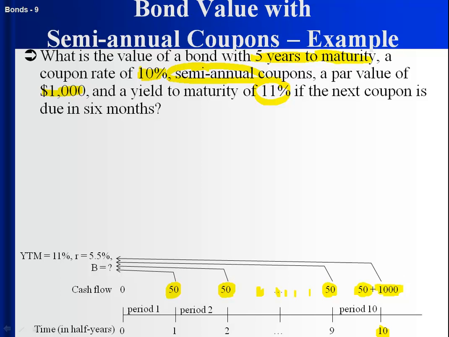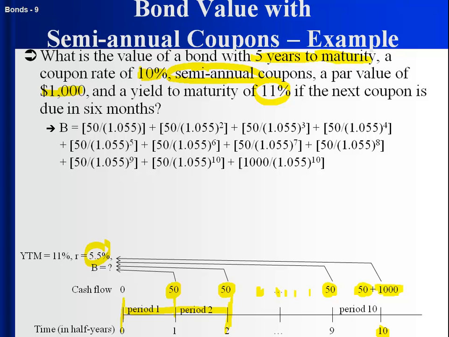And what do we discount these by? Well, the 11% rate corresponds to a whole year, which is from here to here. So we need the rate for 6 months, so it's half of 11%, so it's 5.5%. So the value of this bond is equal to 50 in 6 months, where the discount rate is 5.5, and then another 50 6 months later, which is 12 months.